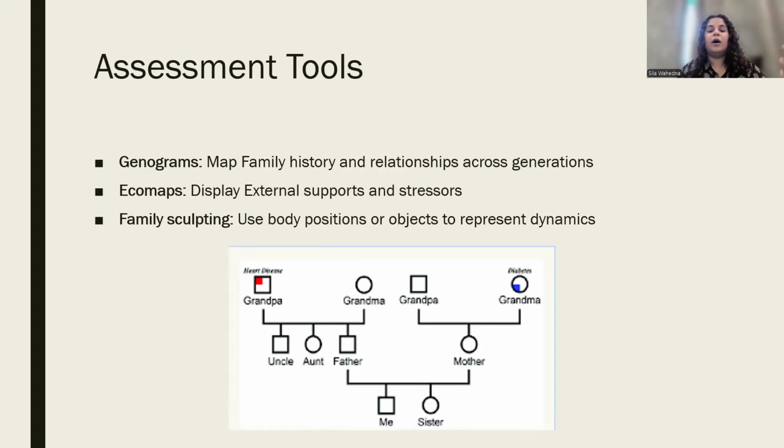And lastly, well, not lastly, there are many other assessment tools, but family sculpting is also another tool, and it's a more experiential tool that is used. This is where family members are using different body positions, chairs, or different symbolic objects to represent how they perceive a relationship and the emotional closeness within that relationship.